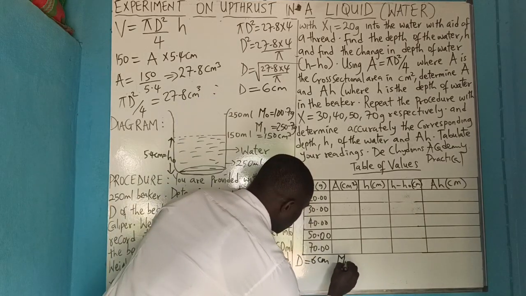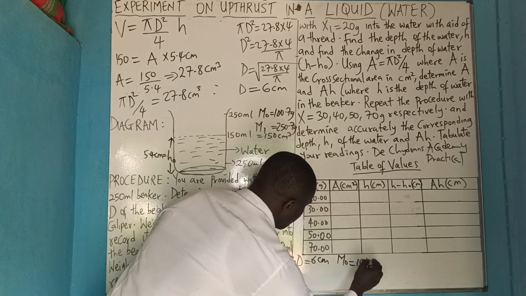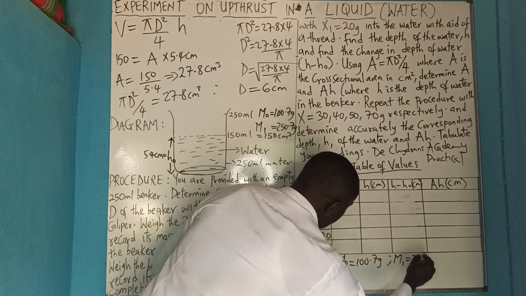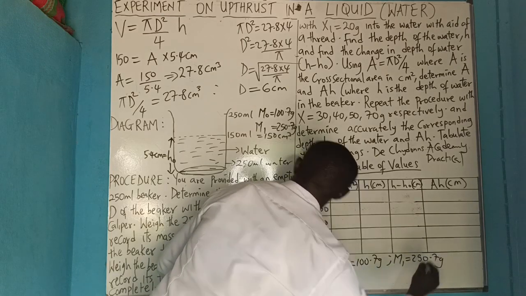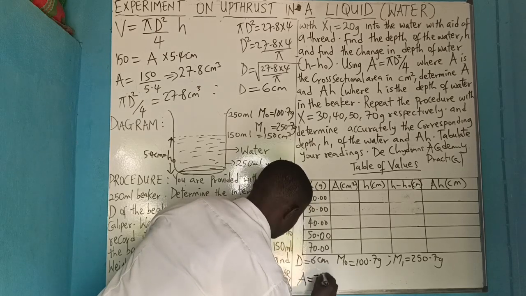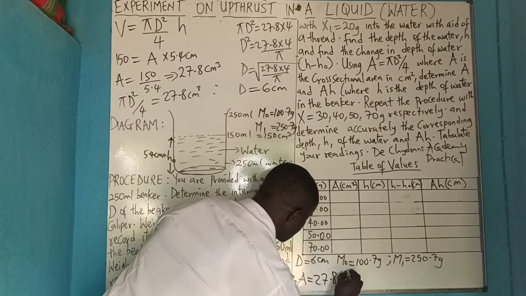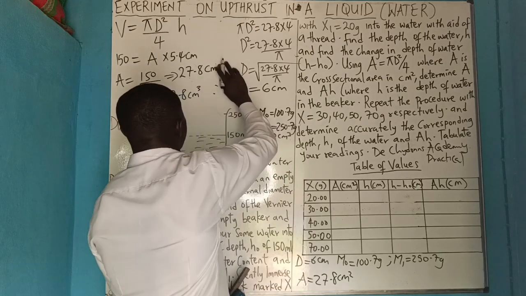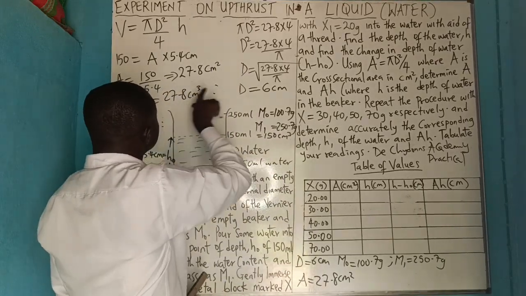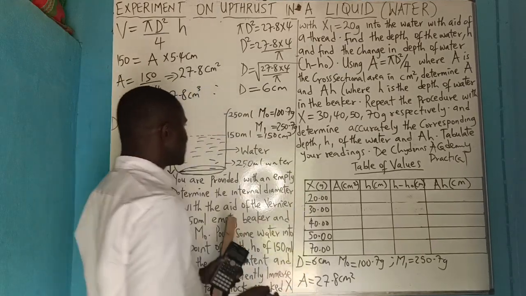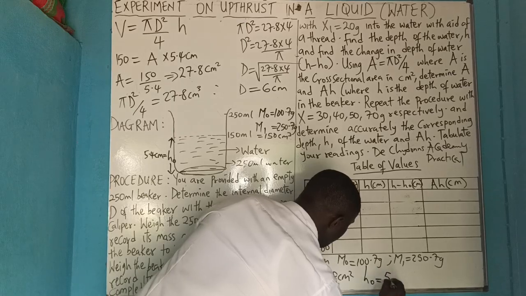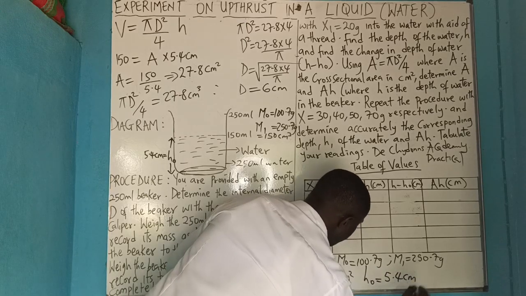Our MO is equal to 100.7 gram. Our MO1 is equal to 250.7 gram. Our area is equal to 27.8 cm squared. Area is in squared, please. Yes, we have gotten the parameters. The volume is constant. Okay, the HO is equal to 5.4 cm.